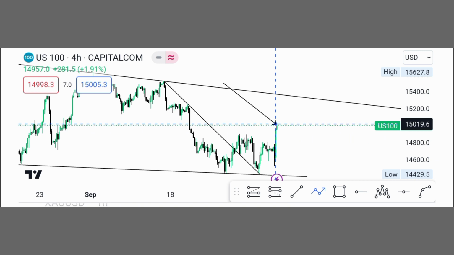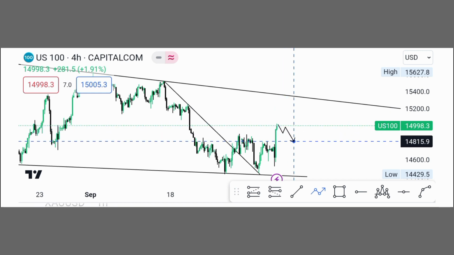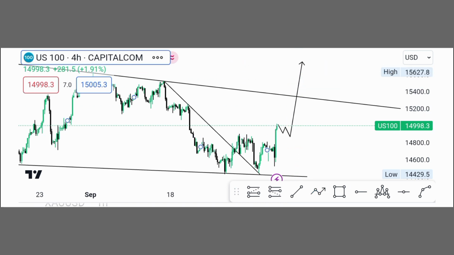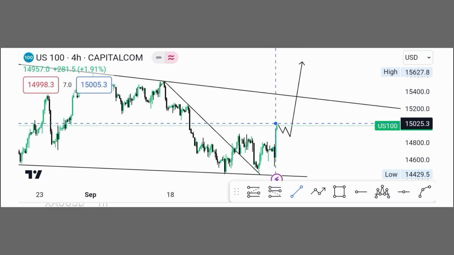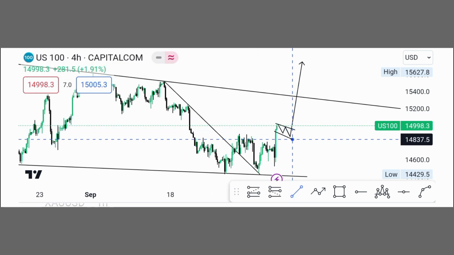What I'm expecting now is we can have something like this, a young correction or continuation pattern, and then we go all the way to the upside, and then we have a young pattern just like this one, just like that and like that, and then continue to go to the upside. So this is what we can expect on NASDAQ.